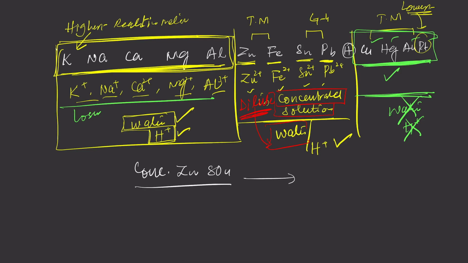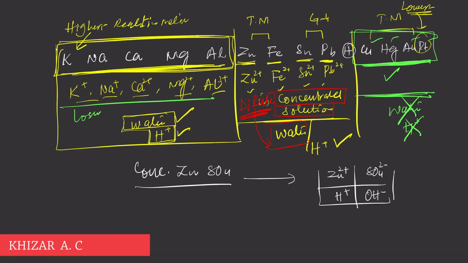Once again, how many different types of ions will be there? Zinc 2 positive, sulfate 2 negative, H positive from the water side, and OH negative also from the water molecules.